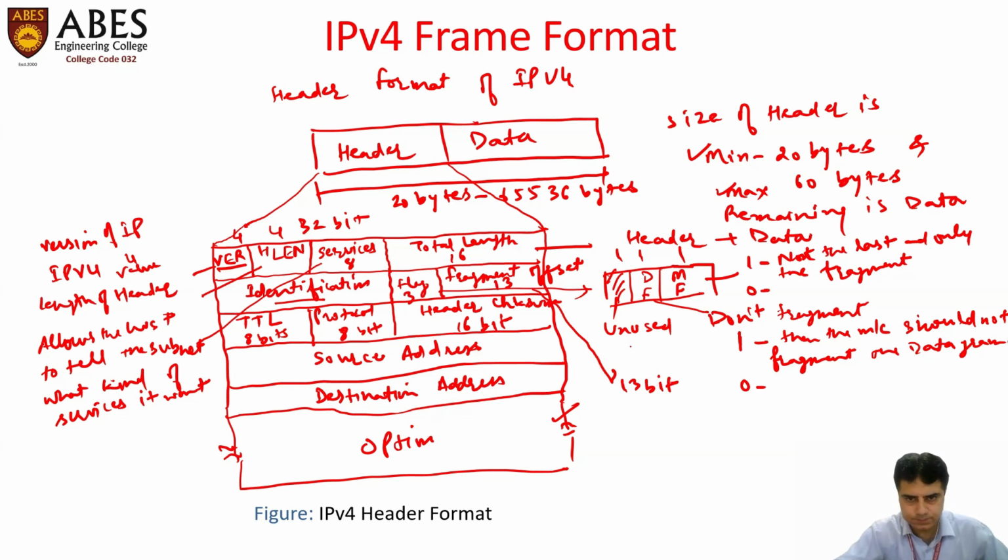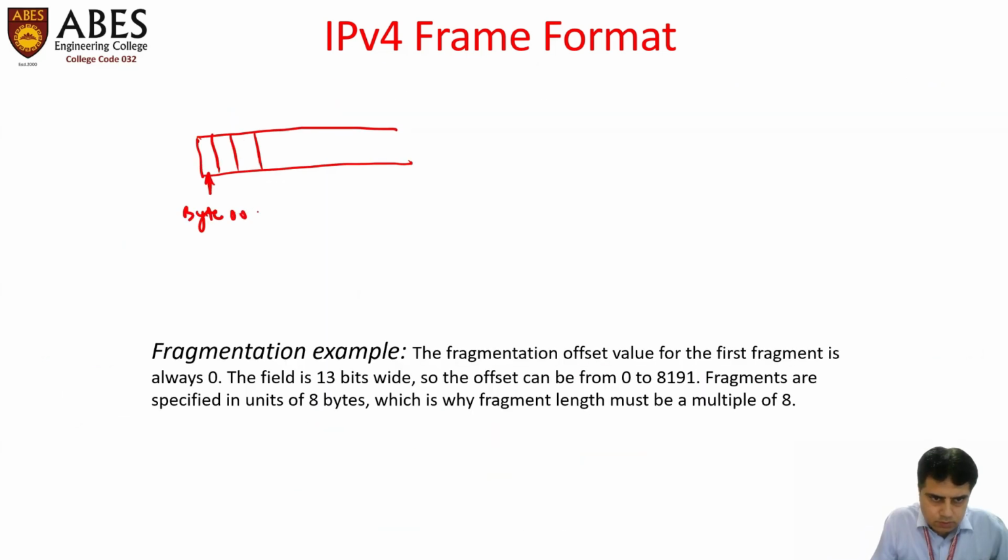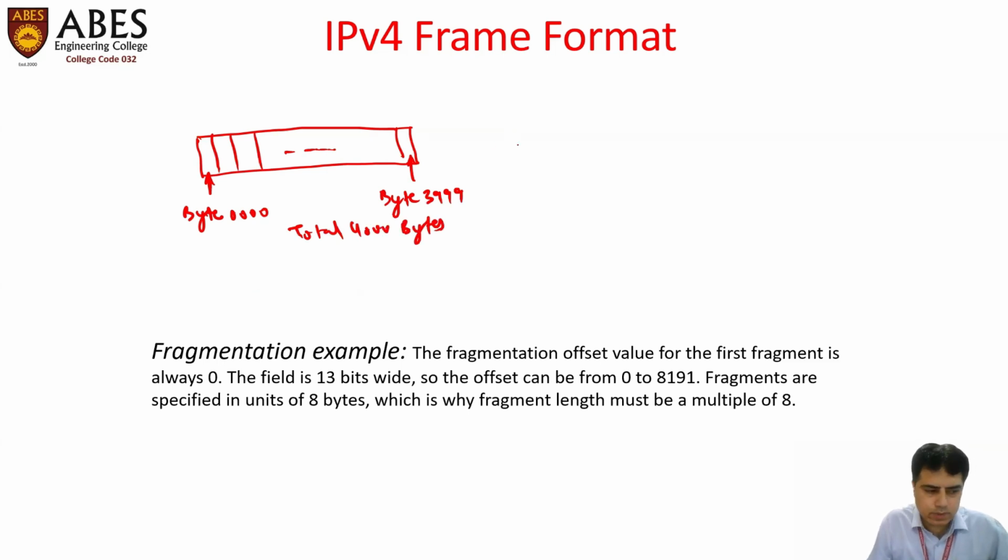Starting at 0000, and the last byte that we have delivered is 399. Total 4,000 bytes we want to deliver.